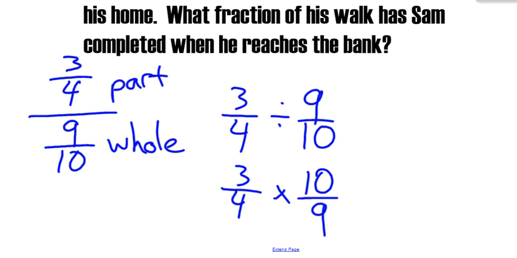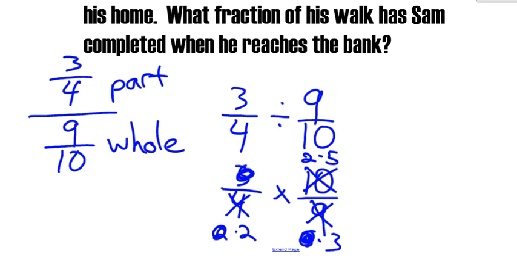I'm noticing that this is an even number, 2 times 2, and this is also an even number, 2 times 5. So if I get rid of the 10 and the 4 here, also my 9 I can break down into 3's. Right? So now I take this 3, and this 3, and this 2, and this 2, and suddenly I'm left with everything that I need. So I can actually reduce before multiplying. And so I finally come away with 5 on the top and 6 on the bottom.